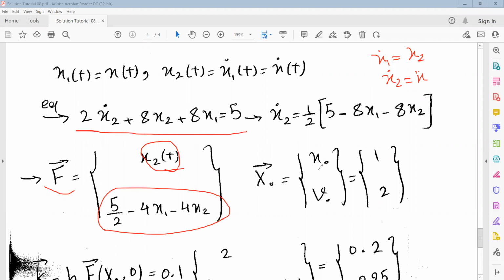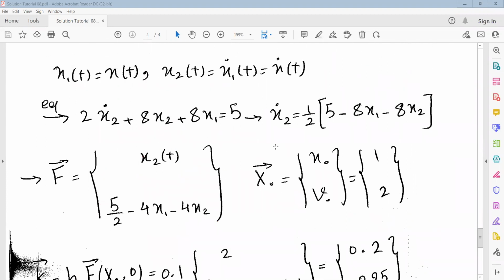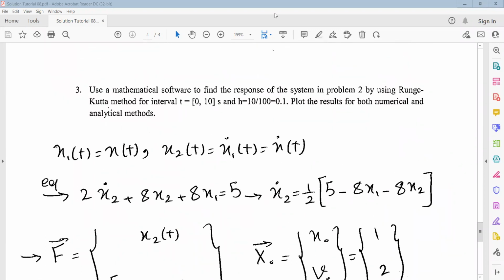The initial conditions x naught and v naught are 1 and 2. You know from the previous problem that the initial conditions were 1 and 2. Now we can calculate the response step by step. This is the response at t equal to 0. In the next step, we need to calculate the response at t equal to 0.1, because h is equal to 0.1.